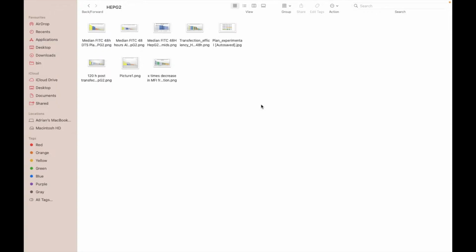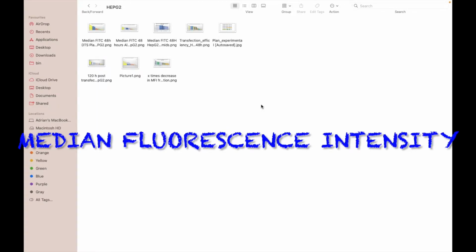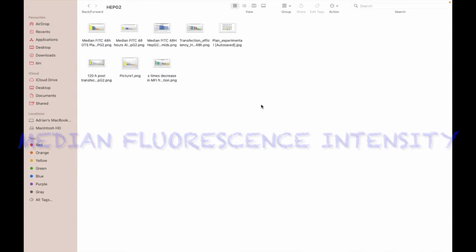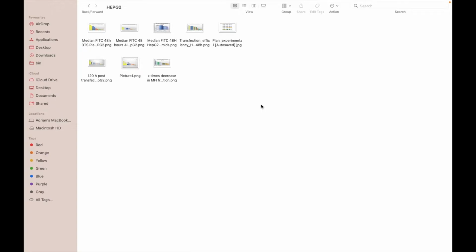I don't know how to explain this, but I'll try to explain this in the simplest way possible. As I told you, I transfected HepG2 cells, which are a type of liver cells, with 24 different plasmids in order to measure, one, their expression, to see which provides the best expression overall, using a green fluorescent protein gene.